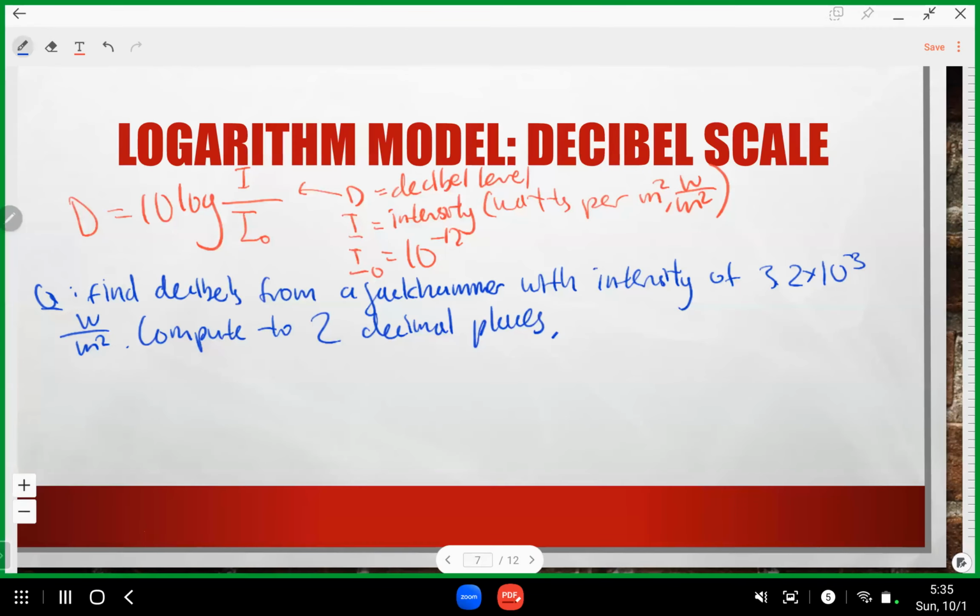Okay, so let's go over this one. This one should not have been too hard. 95.05, let's see. So we take our intensity, right? 3.2 times 10 to the negative third. We got our input in scientific form. So let's just write it like so. So this is the solution.